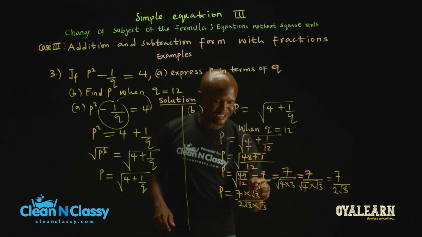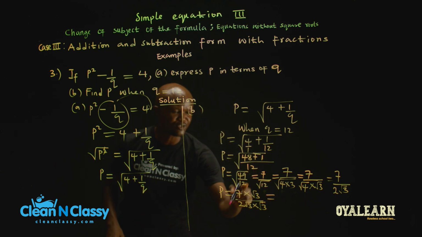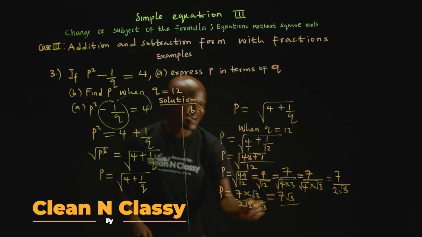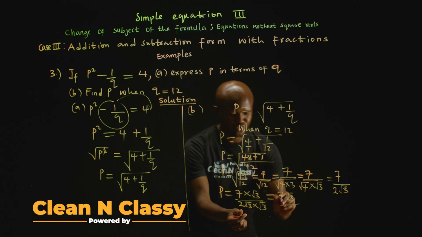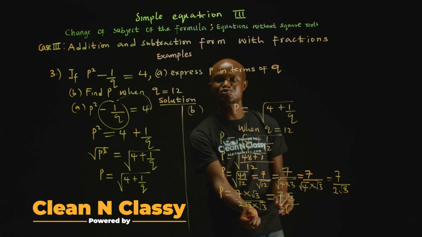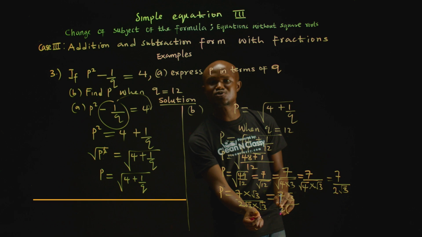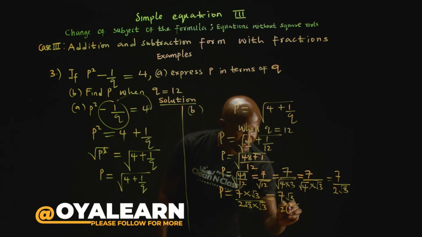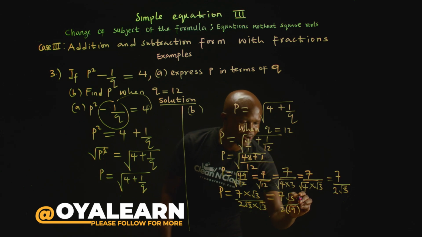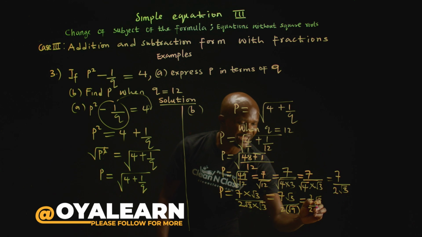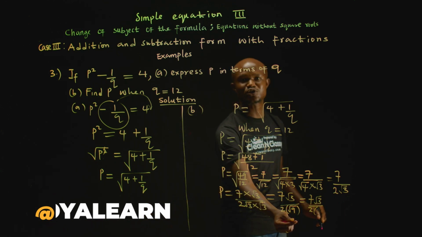So in that case, what are we going to have? 7 times root 3, that is 7 root 3. Then divided by what? 2 into bracket what? What is root 3 times root 3? Root 3 times root 3 is root 9. So that is root 9. Then we have 7 root 3 divided by what? 2 into what is the square root of 9?